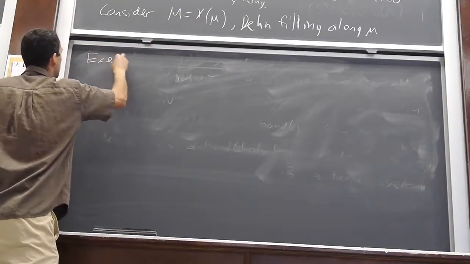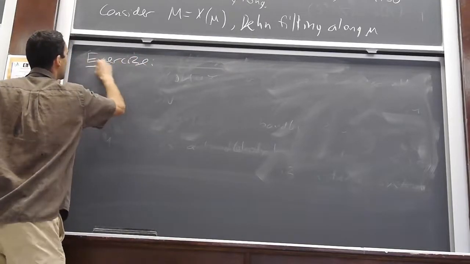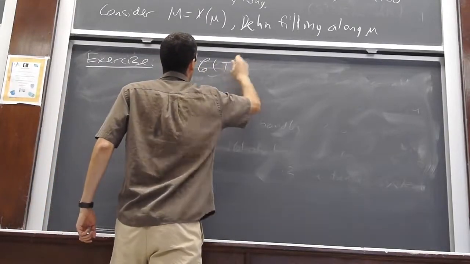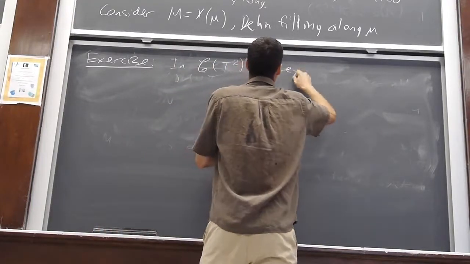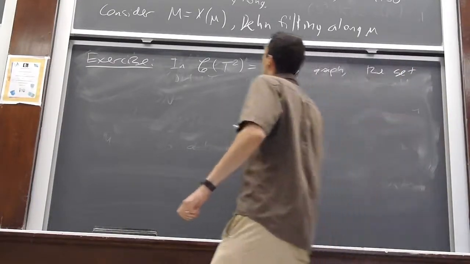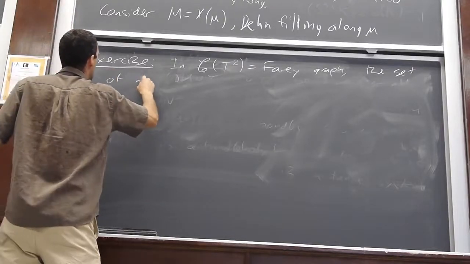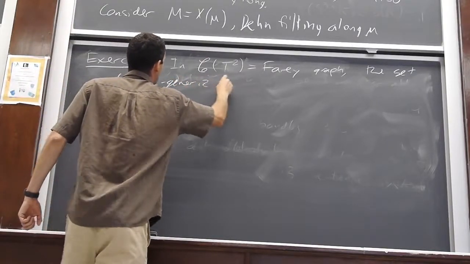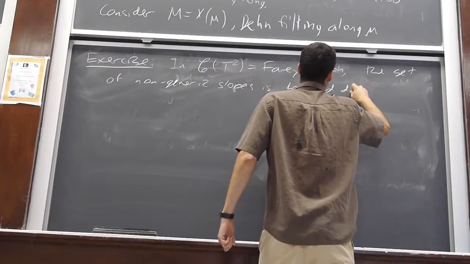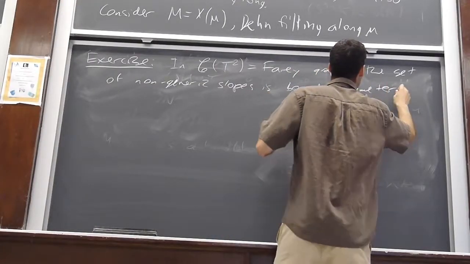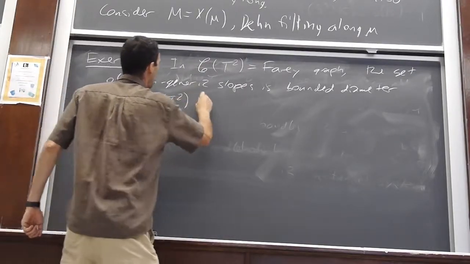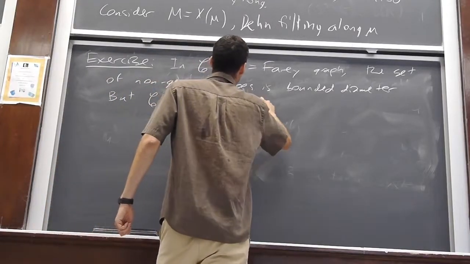So here's the exercise: in the curve complex of the torus, which is a very simple graph, the set of non-generic slopes is of bounded diameter, but the whole thing is of infinite diameter.